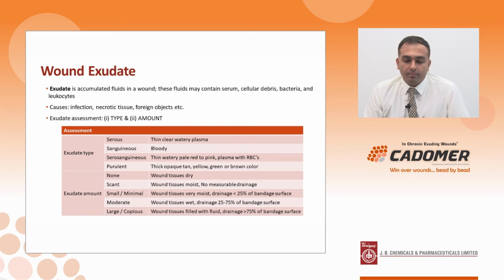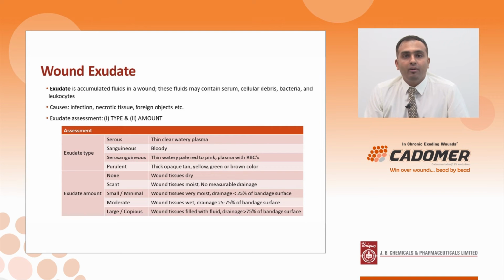If there is both watery plasma along with blood, then it is called serosanguinous. And if there is a thick, opaque, yellow-green discharge, then it is called purulent. Purulent exudate is when there is pus oozing out from the wound.